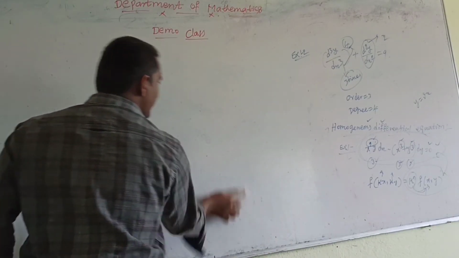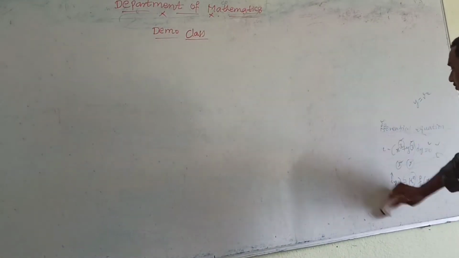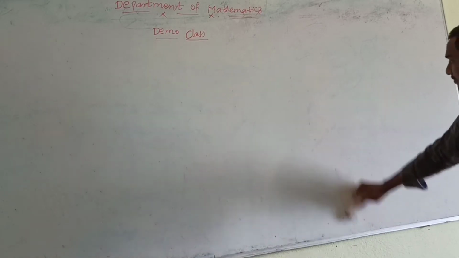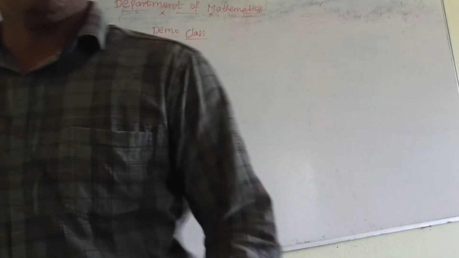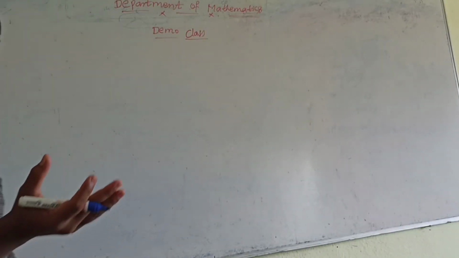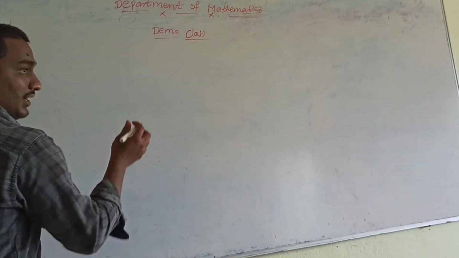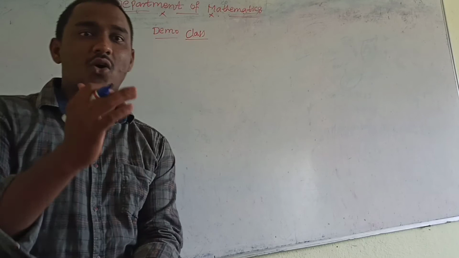Before that, we will discuss how to get a differential equation by removing arbitrary constants. After that I will discuss linear differential equations. Now I will discuss how to get a differential equation by removing constants.